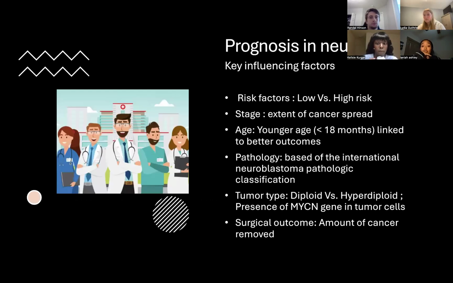The prognosis for these patients is influenced by several things, such as the stage of the cancer, the age at which the patient was diagnosed, the pathologic classification, and whether the tumor contains the MYCN gene. Additionally, how much of the cancer is removed can also play a role in the outcome.